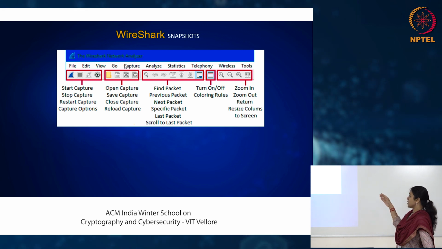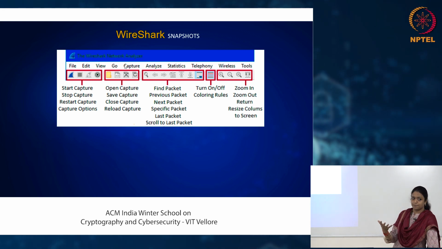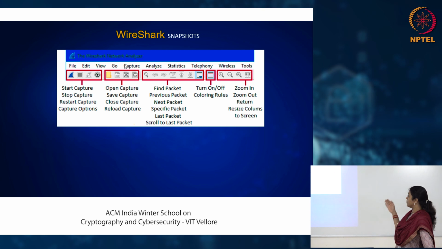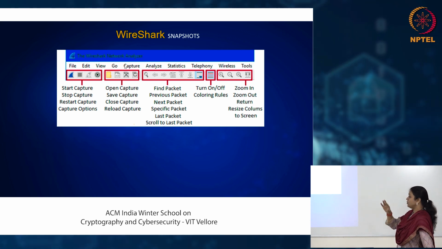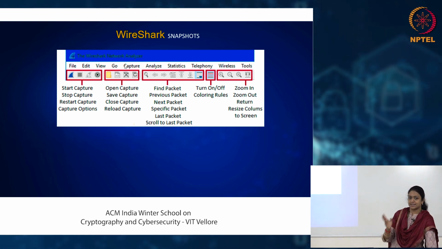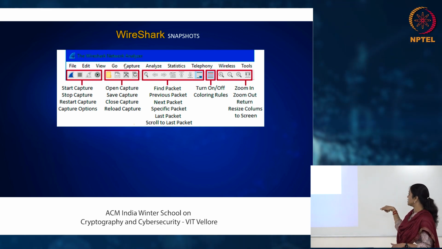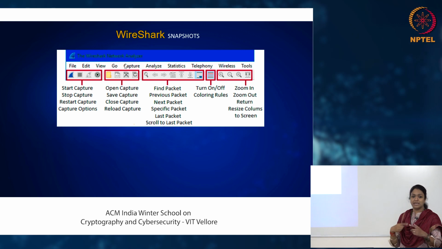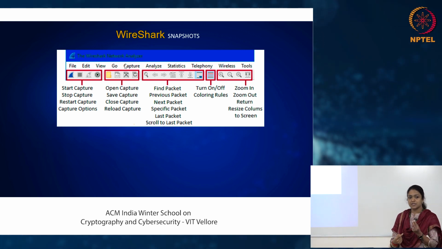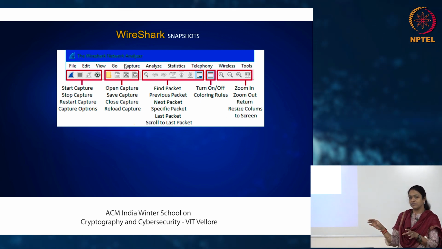The next ones are for analyzing: open, save, close. Then there are options to move between the packets inside the file or the live capture. There are many colors, as I said. Green means normal, without any vulnerability.